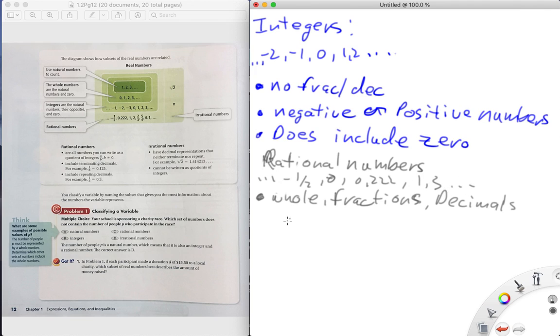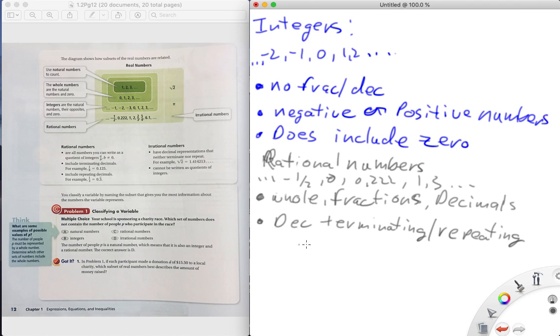Whole numbers, fractions, and decimals. Here's the caveat with the decimals: they have to be terminating or repeating decimals.